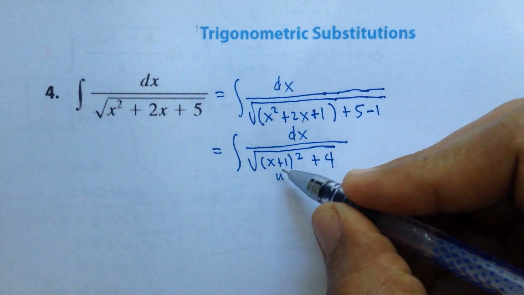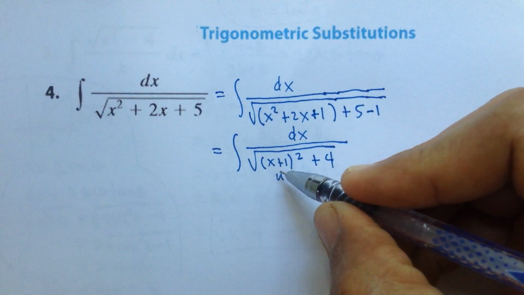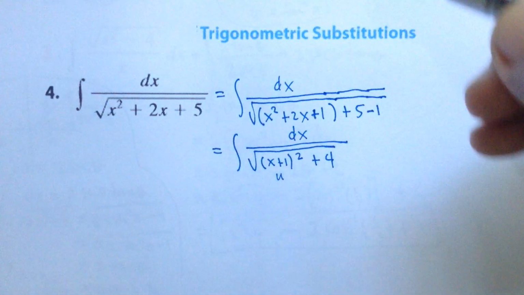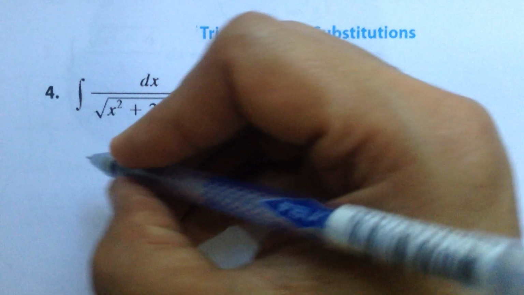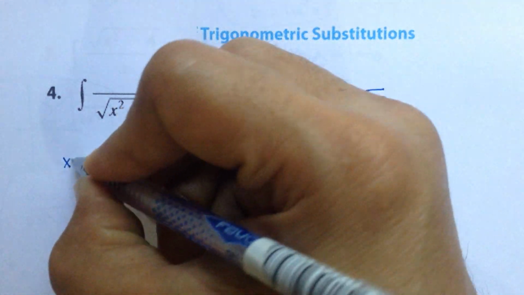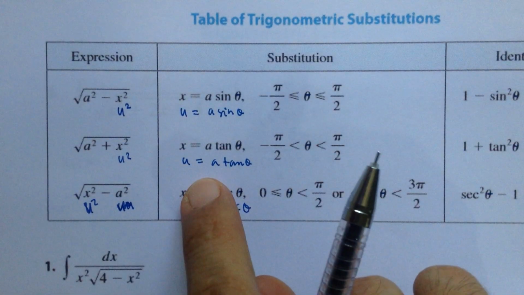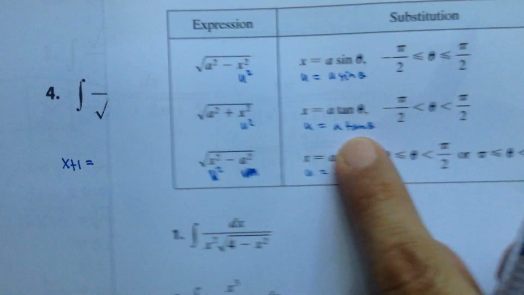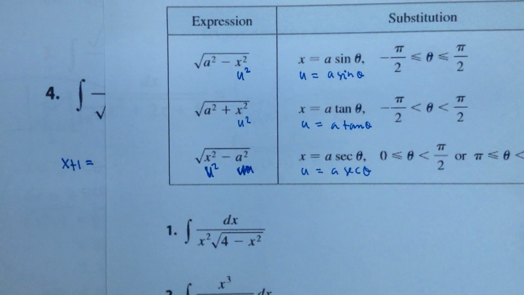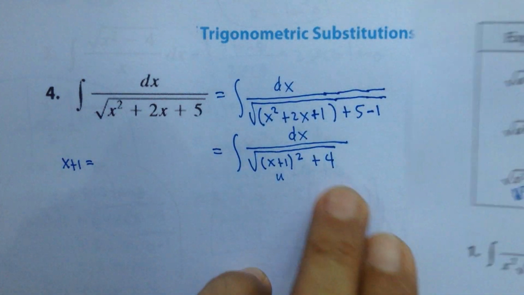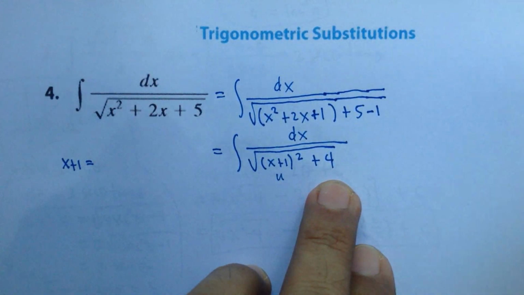So your u is equal to x plus 1. That means that x plus 1, from our substitution, u is equal to a tangent theta, where your a is 2.